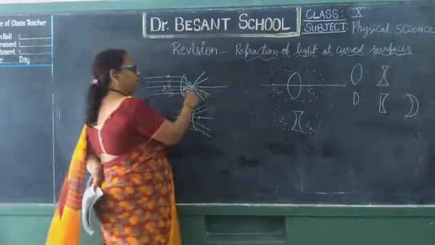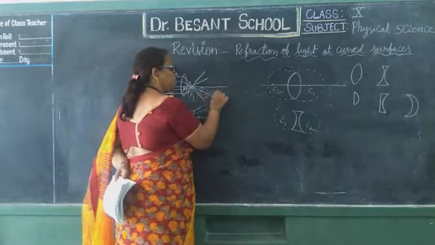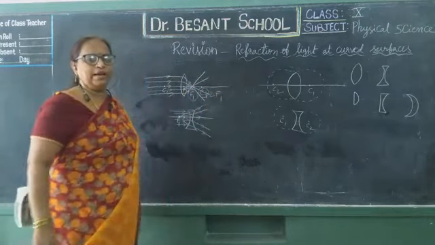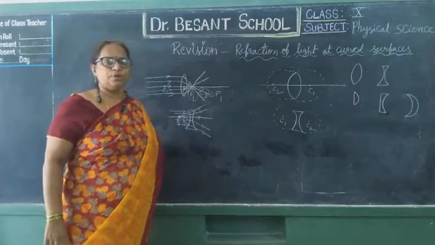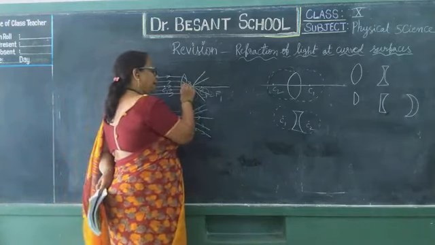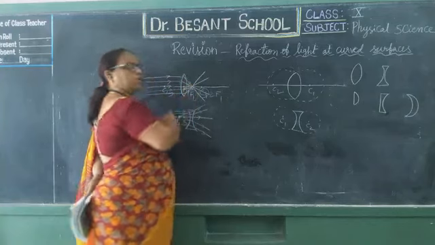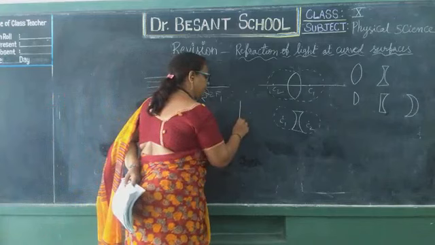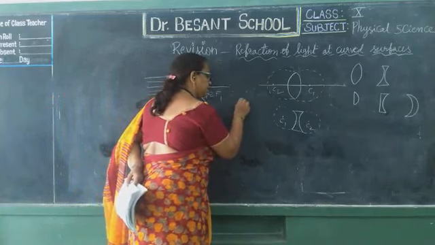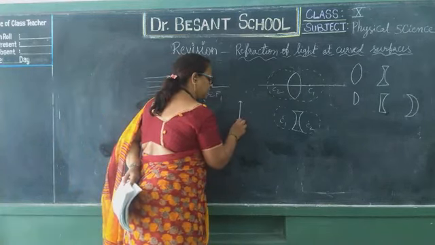Okay, exactly in between. So the C1 can also be represented as 2F1 and C2 can also be represented as 2F2. And for drawing the ray diagrams, we need not always draw the full convex lens and concave lens. Convex lens is represented with this symbol. Why this symbol?